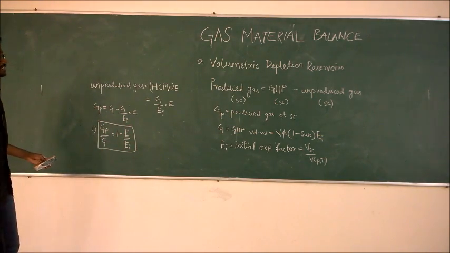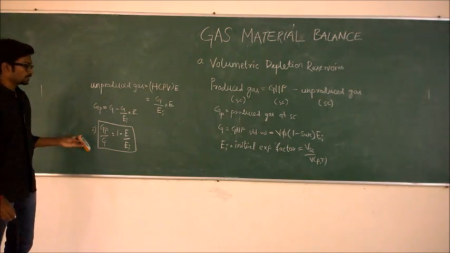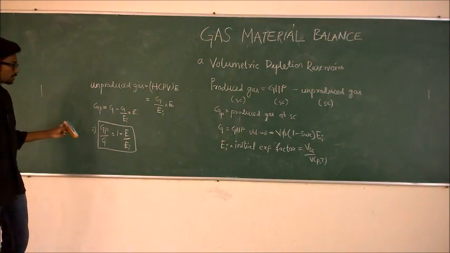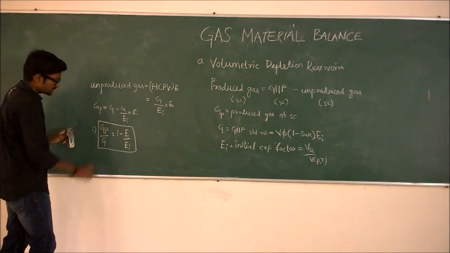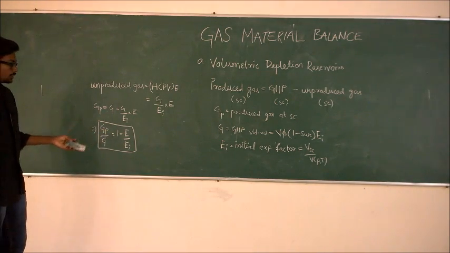This is the material balance equation for volumetric depletion reservoirs, in which we did not consider the effect of the aquifer present within the reservoir. Here Gp by G gives us the recovery factor.